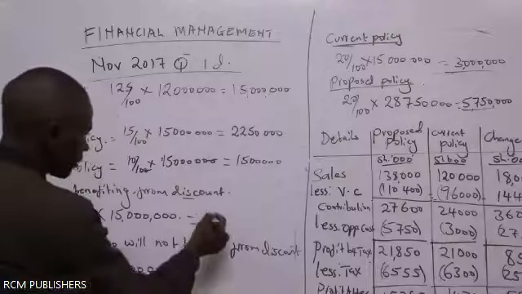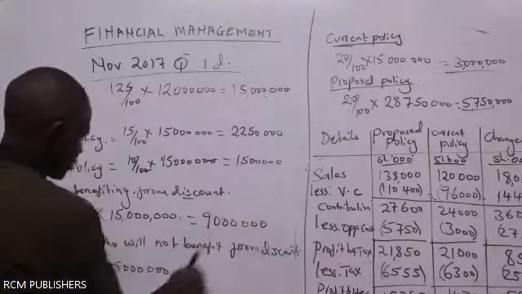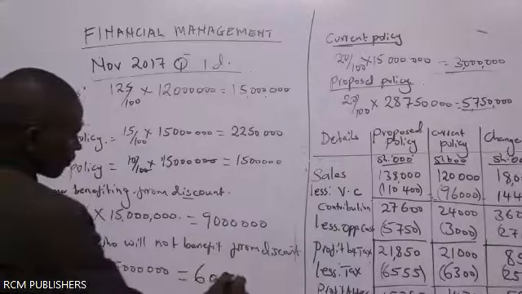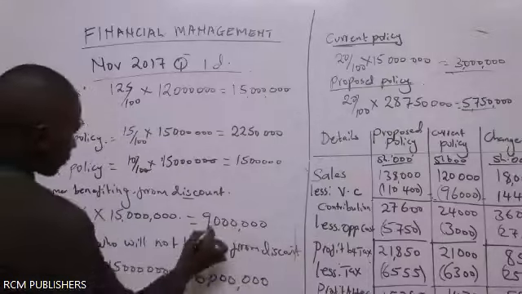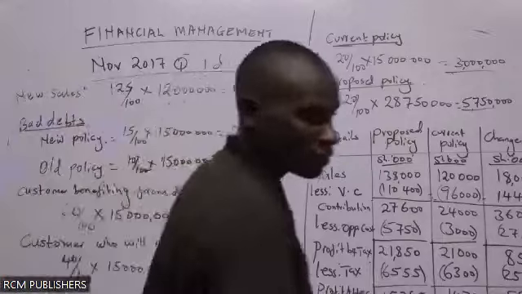Napewa 9 million. Na because hii na hii lazima zikuwe 15, so hii ni 6. Lazima yote ikiwa 100%, which is 15 million. Sasa kwa hivyo, so I just proceed from this end.